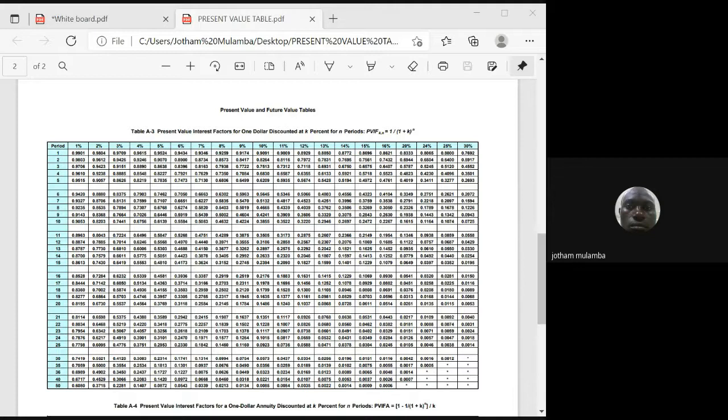Then we have venture capital. Have you heard of women fund or youth fund? Have you heard of women fund and youth fund? Anybody who has not heard of them? Yes, you have heard of those funds? Now, those funds were created by the government.